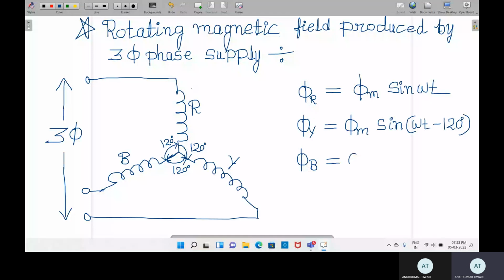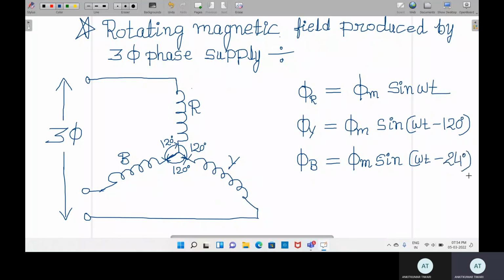So phi m sine omega t minus 120 degrees minus another 120 degrees means a total of minus 240 degrees.